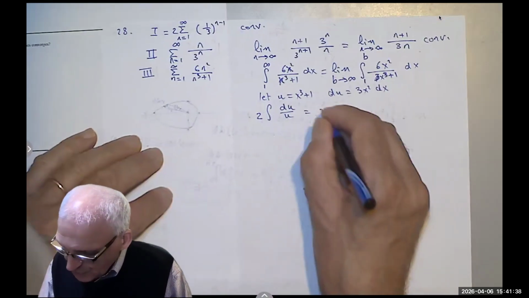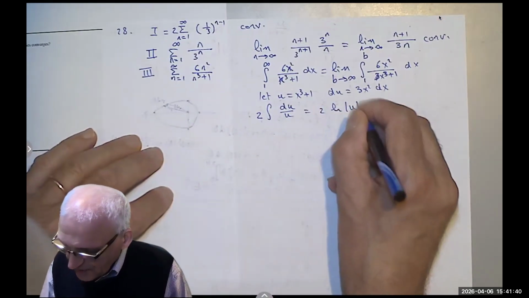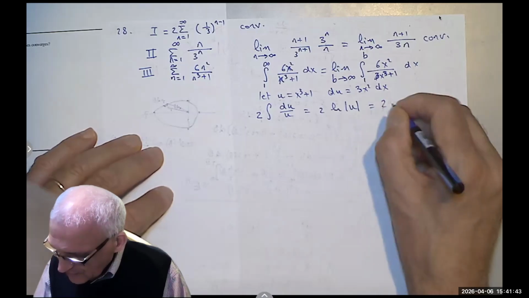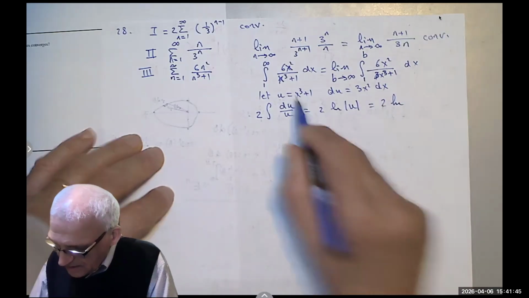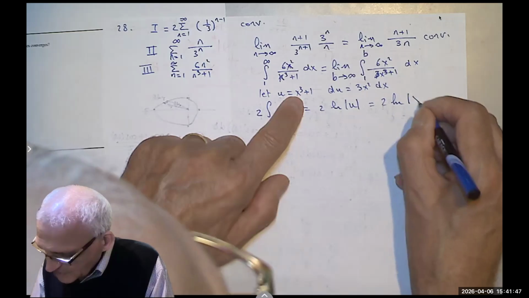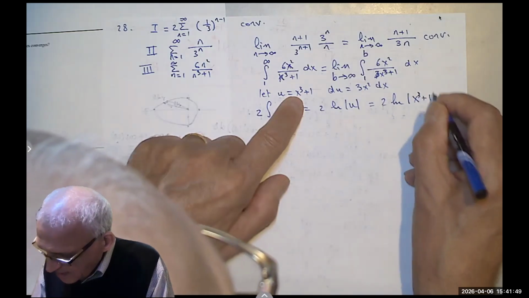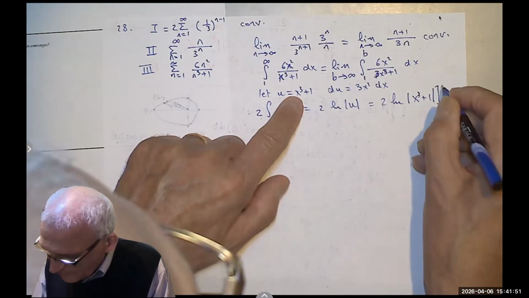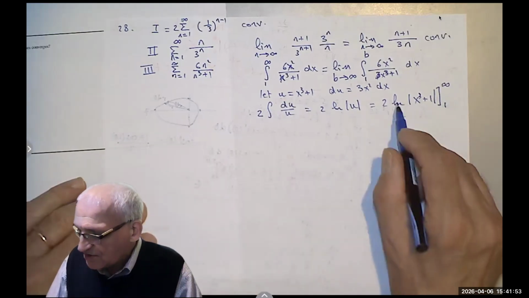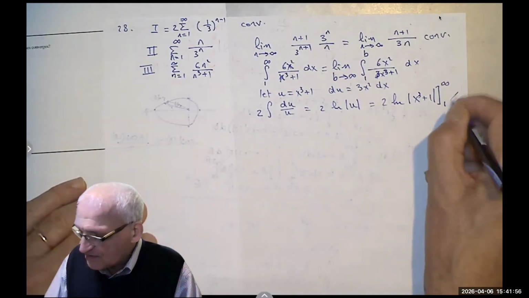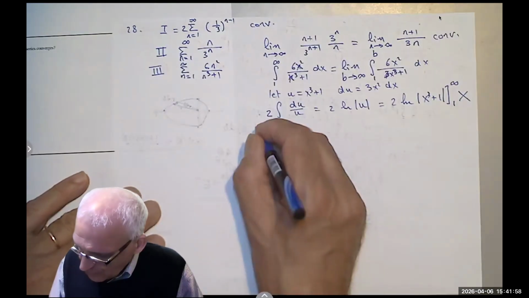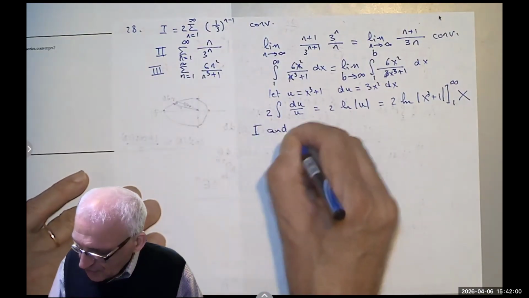So that becomes 2 natural log of u, meaning 2 natural log of x cubed plus 1 evaluated from 1 to infinity. But when you substitute, natural log of infinity gives you infinity. So this one diverges. So 1 and 2 converge.